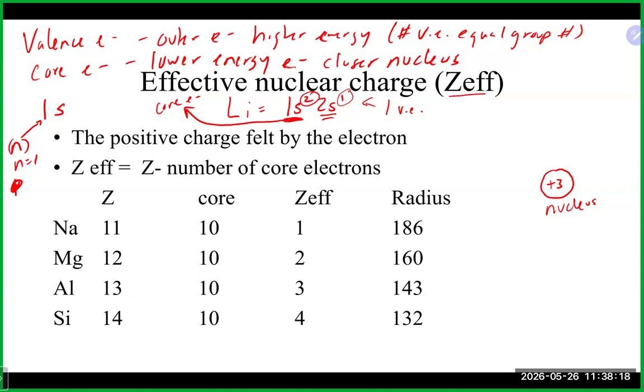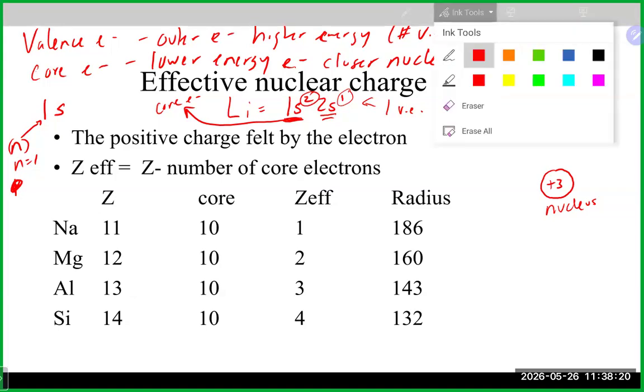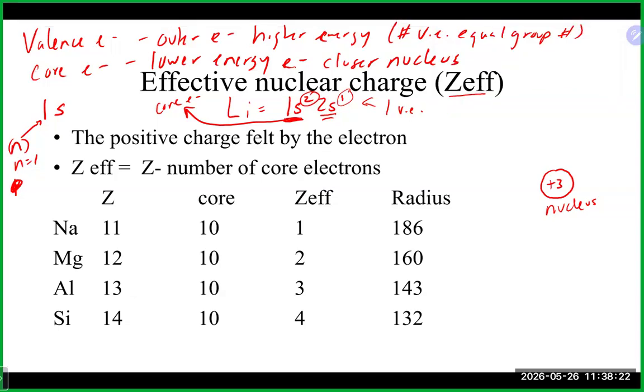So what happens when we look at our electrons in this particular case? I'll just draw it like this for visual purposes, not correct, obviously. Say on our first energy level we have our core electrons here, and on our second energy level we have our valence electron hanging out there.